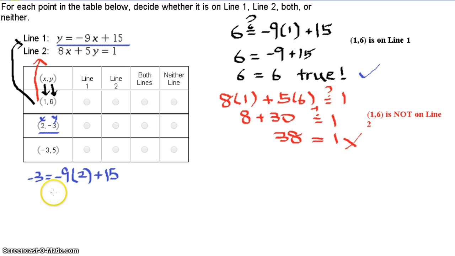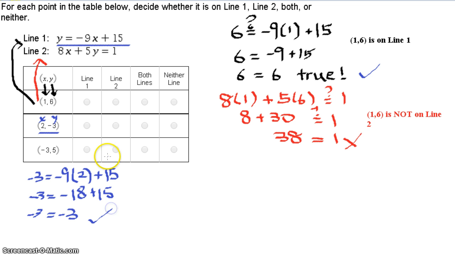So let's see. Here we have -18 plus 15, which is equal to -3. So on my right-hand side I have -3, and on my left-hand side I also have -3. So -3 is equal to -3.